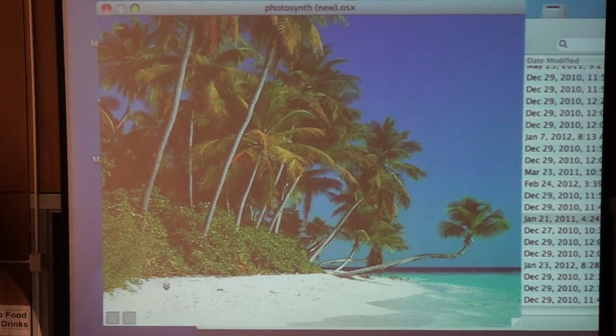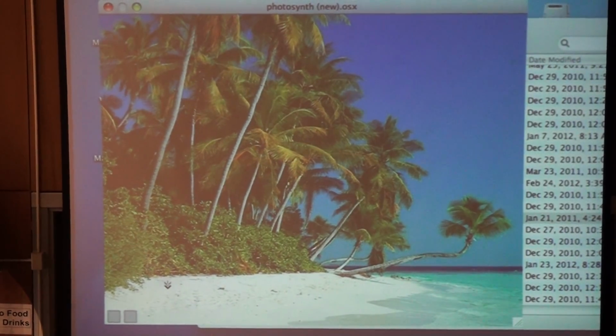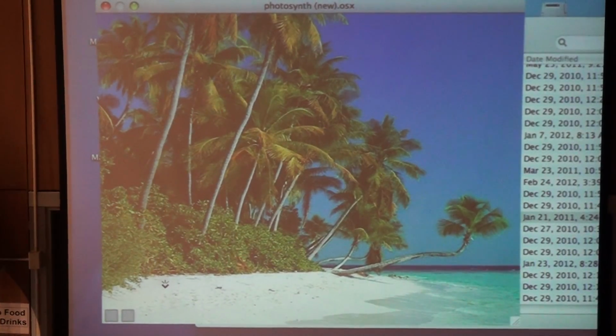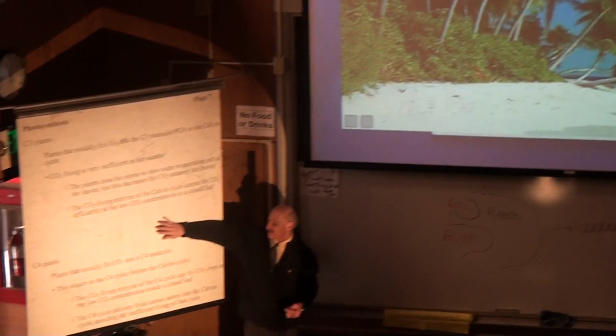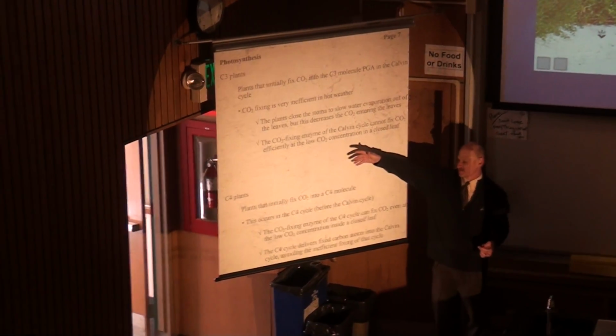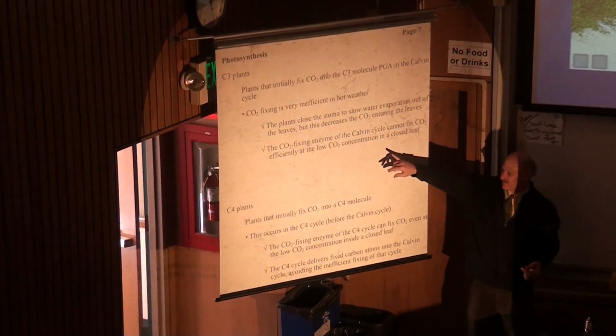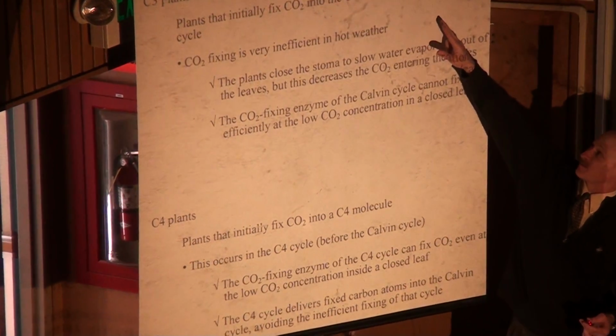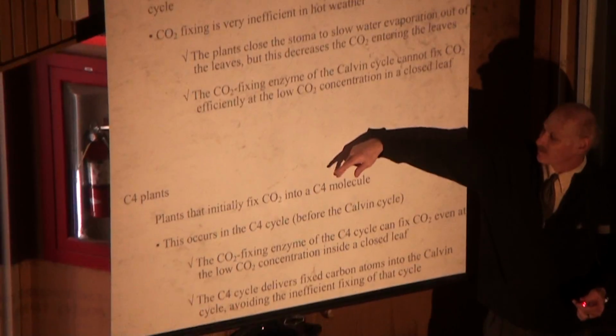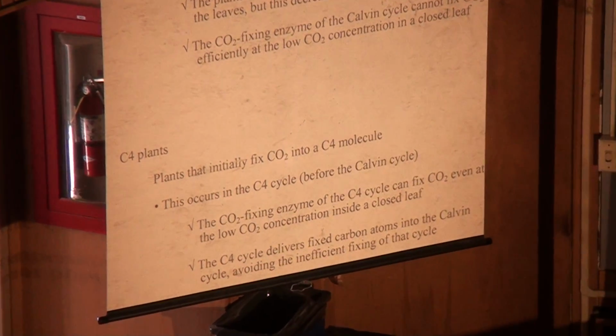And so they have adapted a variation on photosynthesis that is going to allow them to do photosynthesis efficiently, even on very hot, sunny days. And this type of plant is called a C4 plant because this variation that I tell you about involves fixing the carbon dioxide not as a C3 molecule first, but as a different molecule that is a C4 molecule.